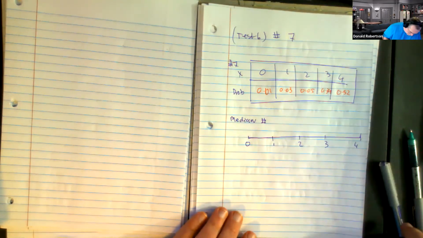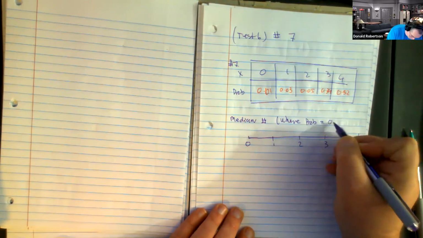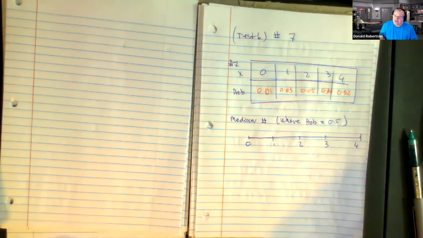But this has very weak probabilities at the beginning and a really strong one at the end. So what you're really looking for is where the cumulative probability reaches 0.5.